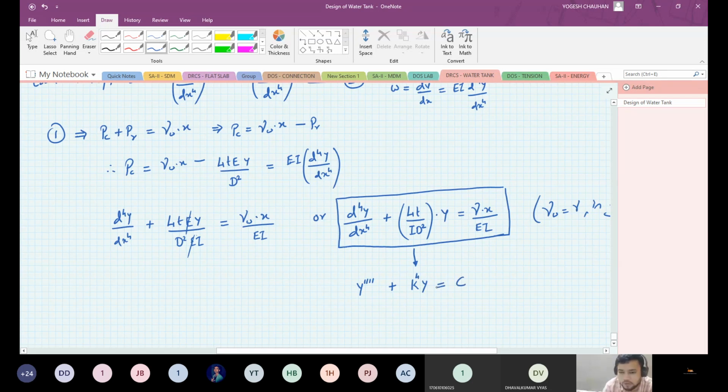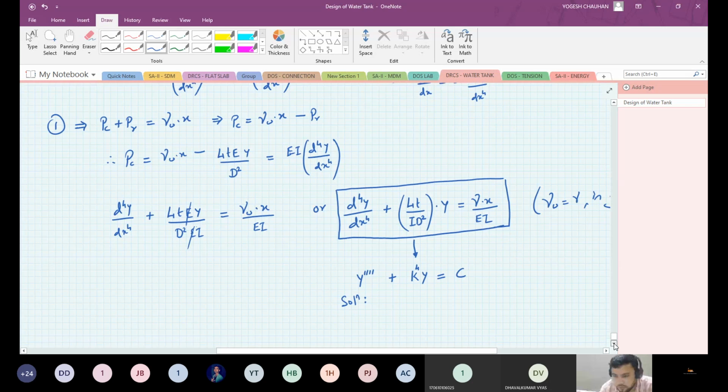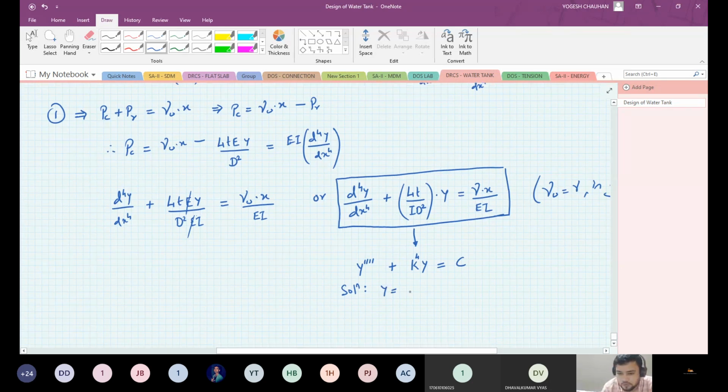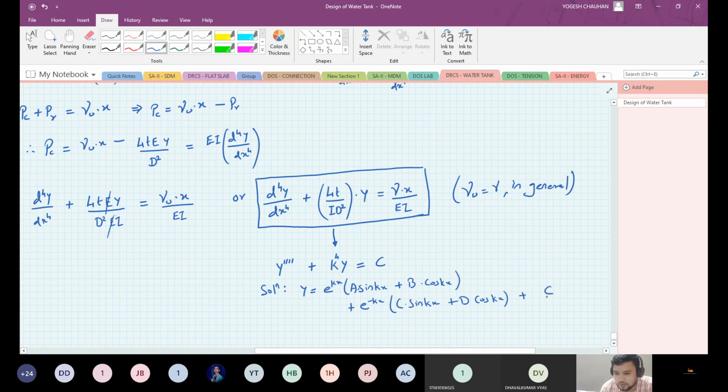And the solution of this expression is y equals e to the power kx times a sin kx plus b cos kx, plus e to the power minus kx times c sin kx plus d cos kx, plus c by 4 k to the power 4.